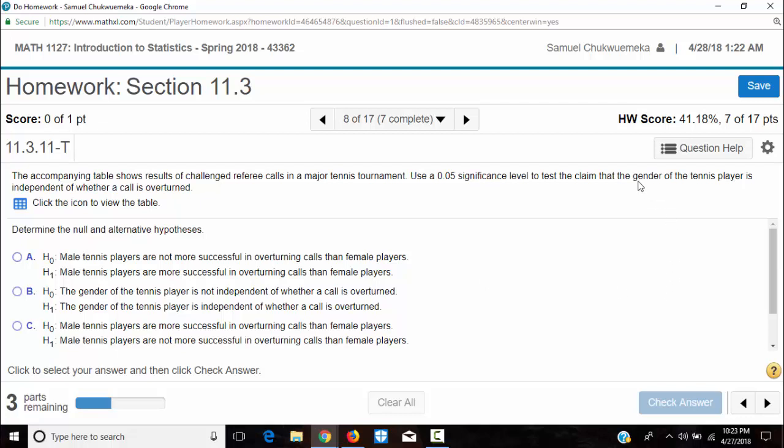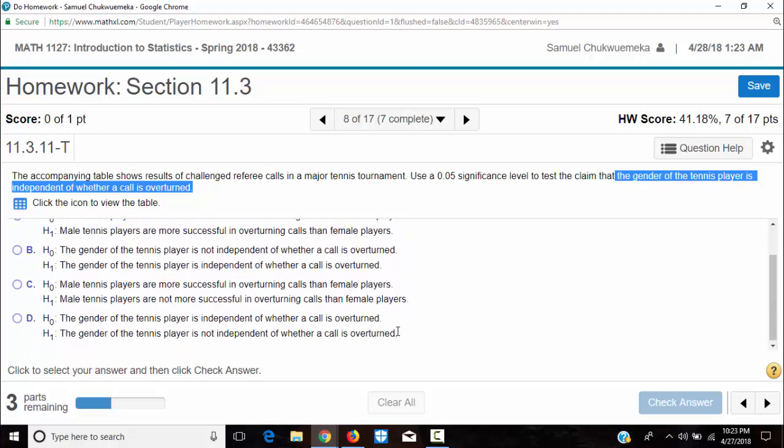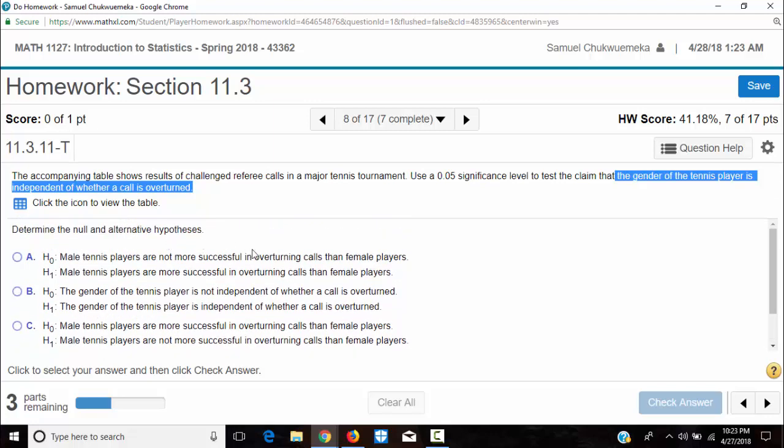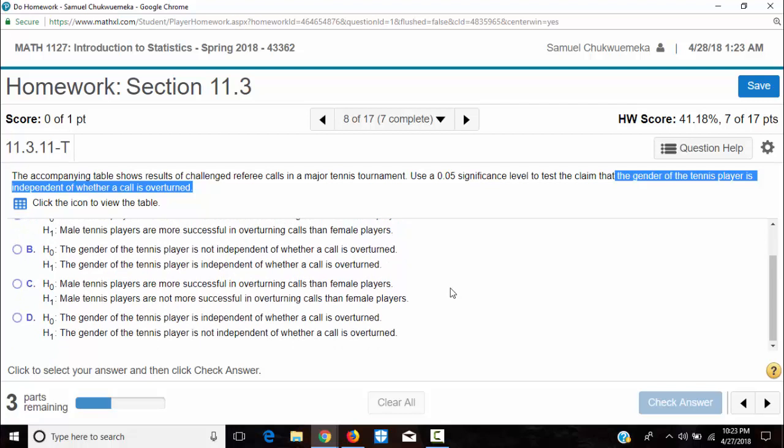So let's look at the null and alternative hypothesis. The gender of the tennis player is independent of whether a call is overturned. That is the null hypothesis. And the alternative hypothesis would be the gender of the tennis player is not independent of whether a call is overturned.